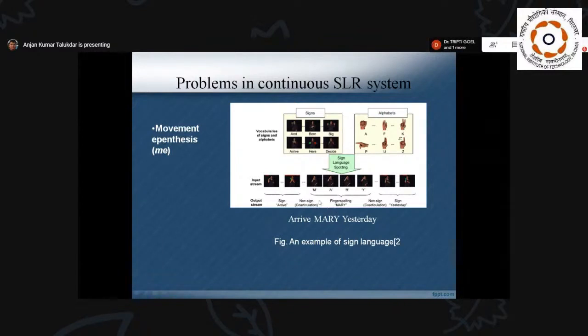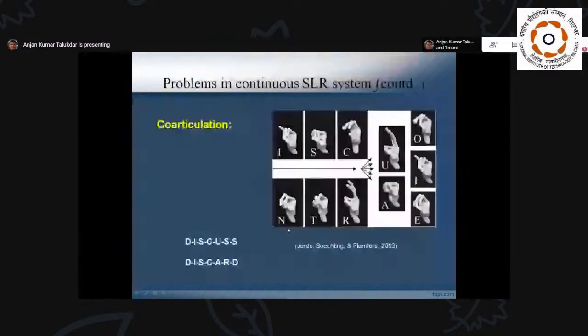So the second problem is co-articulation. What is the co-articulation problem? Basically, the articulation of the current sign is affected by its previous as well as its future sign. Suppose S is our current sign.